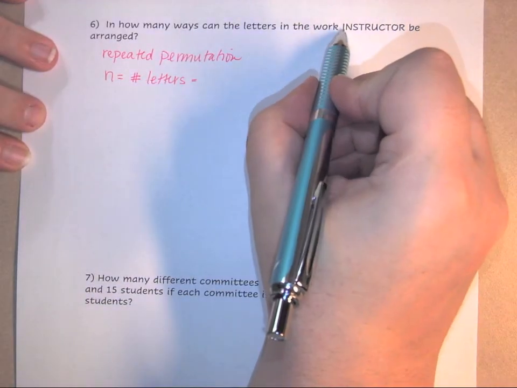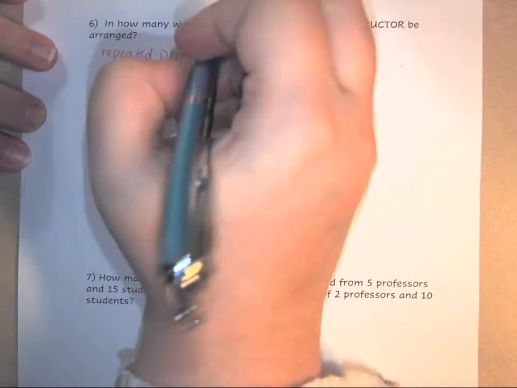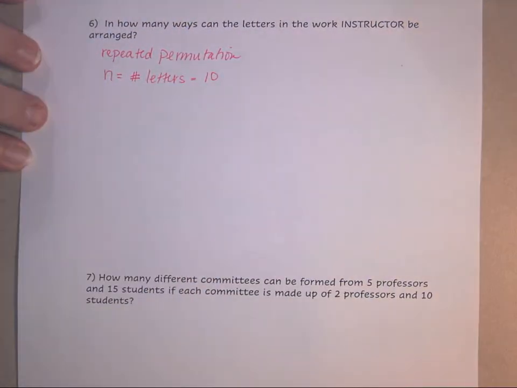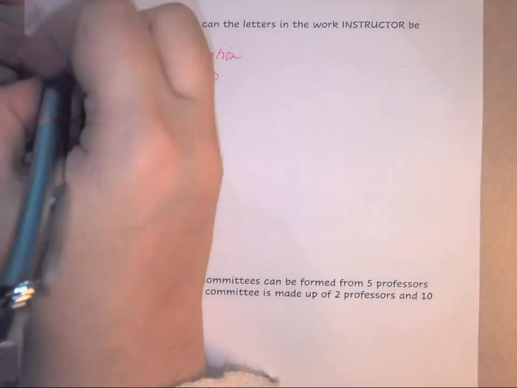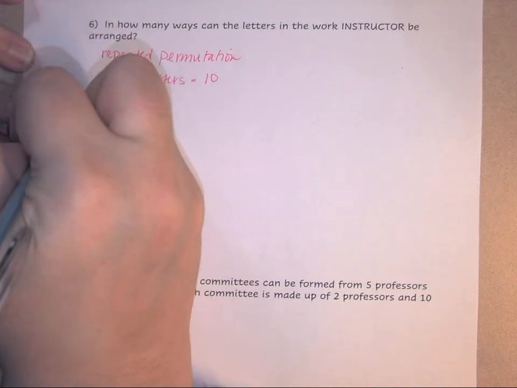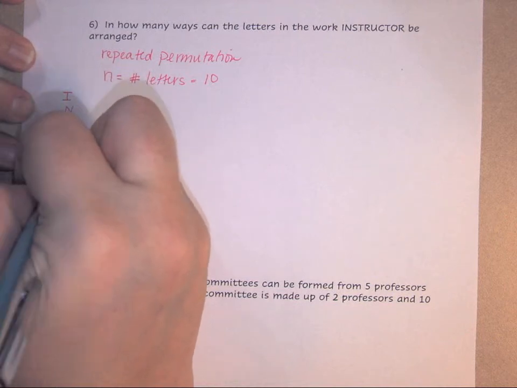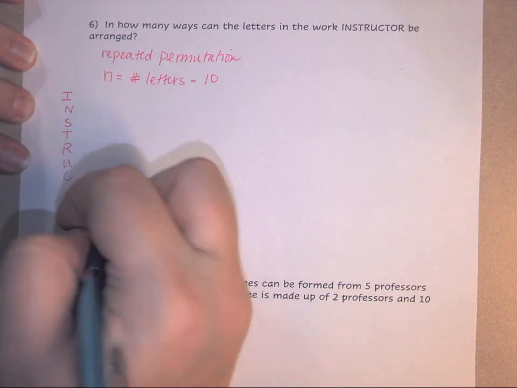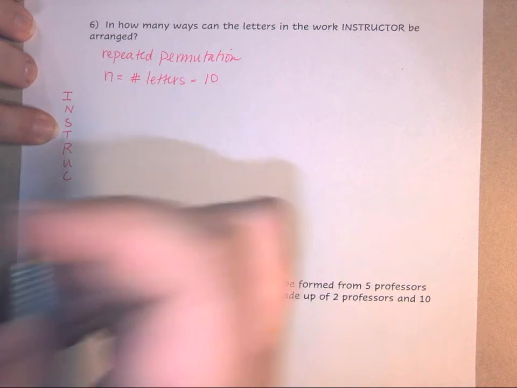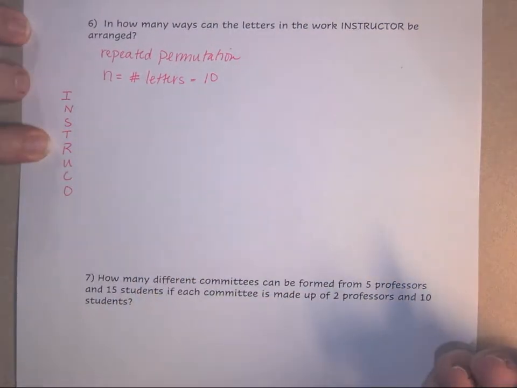If you count them up, 1, 2, 3, 4, 5, 6, 7, 8, 9, 10. And then we want to look at each letter being counted only once. So I have I-N-S-T-R-U-C. T has already been counted. And then I have an O and an R has already been counted.